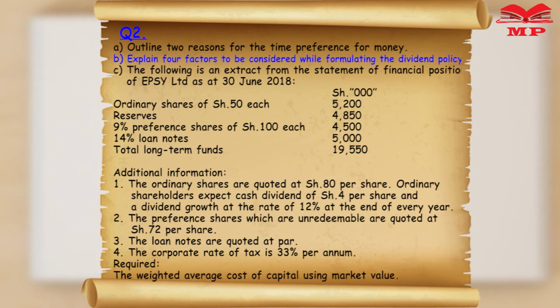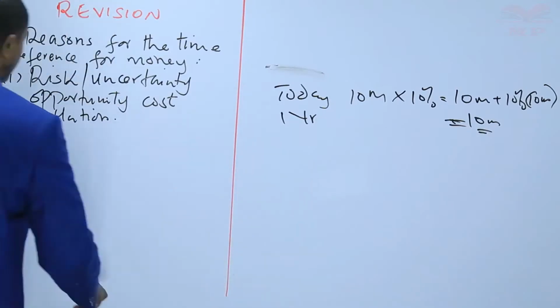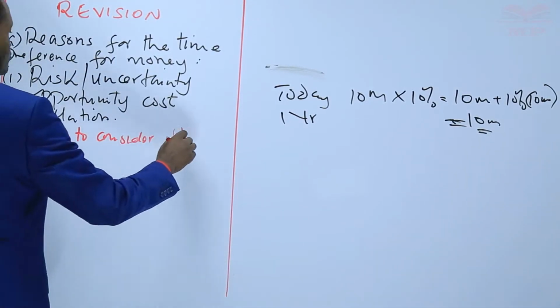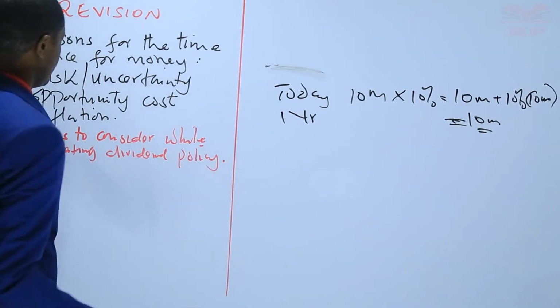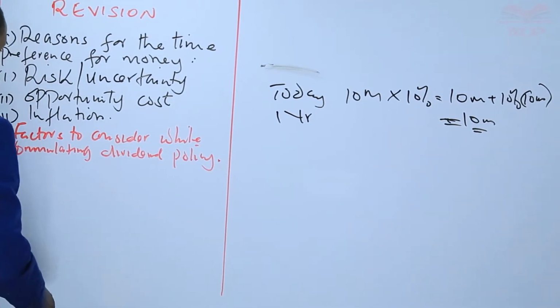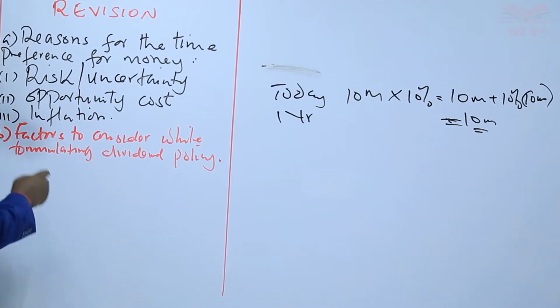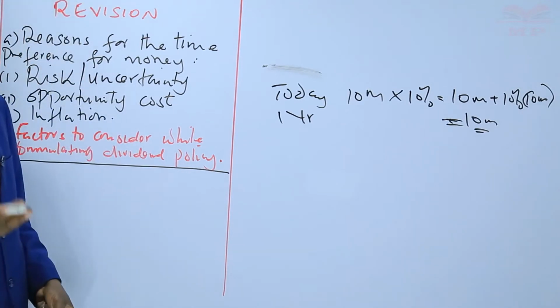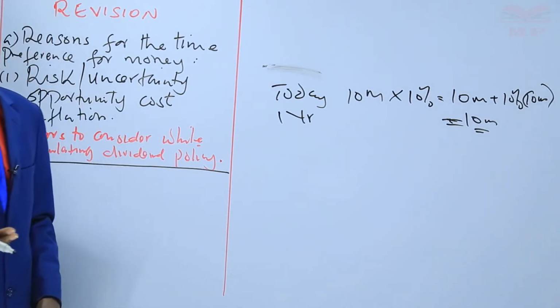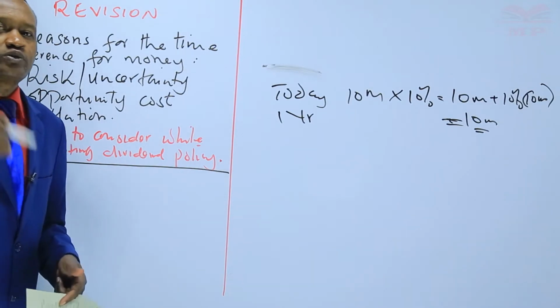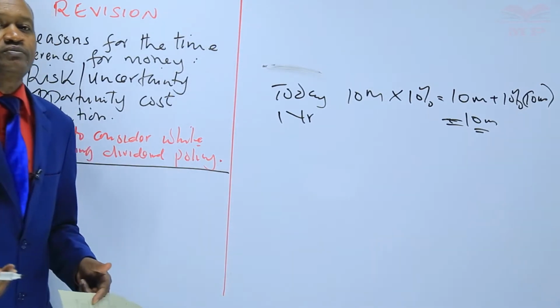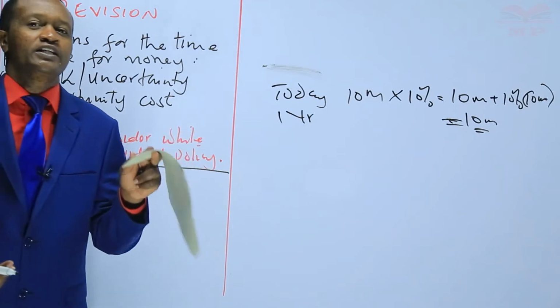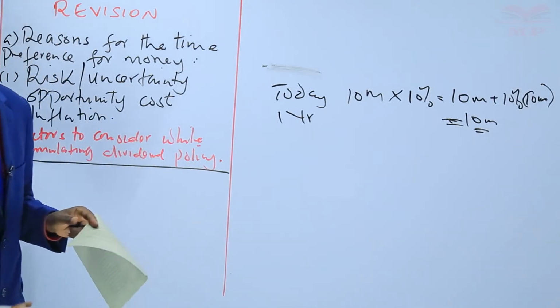Part B, explain 4 factors to be considered while formulating the dividend policy. Candidates, a dividend policy is defined as a plan of action adopted by the directors of a firm whenever the dividend decision has to be made.